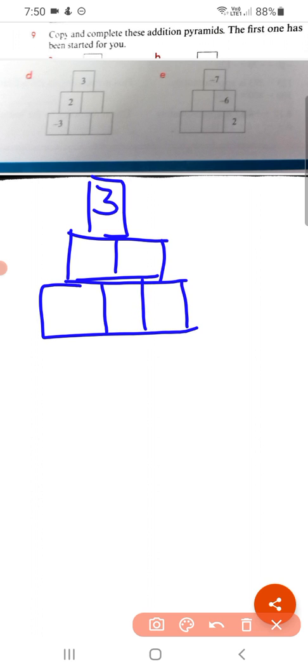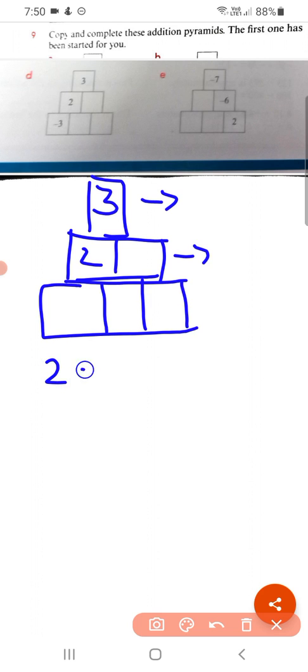This is the top row, first row. So starting from the first, the number given in the first row is the sum of the numbers in the second row. That is, 3 is the sum of 2 and an unknown number. So we have to find that.